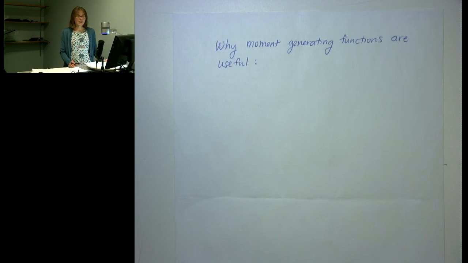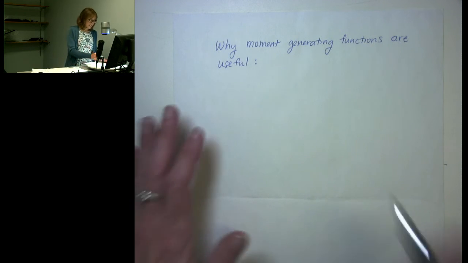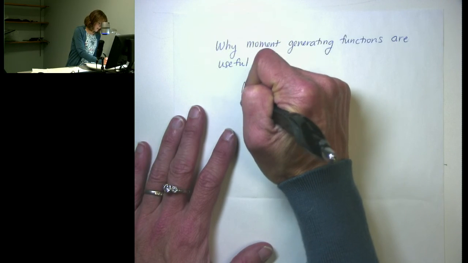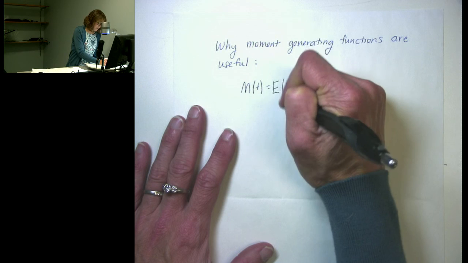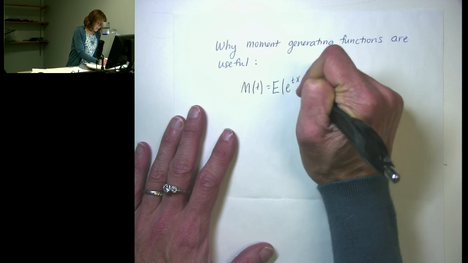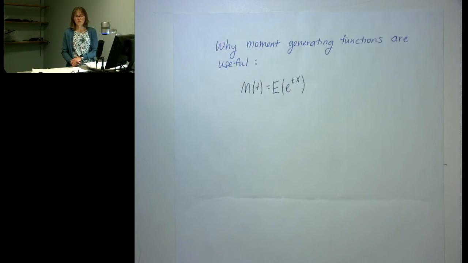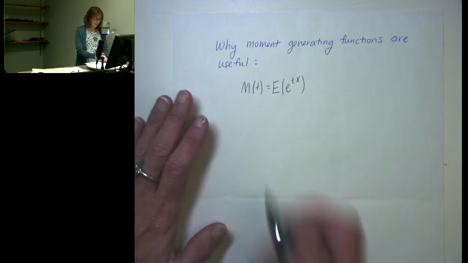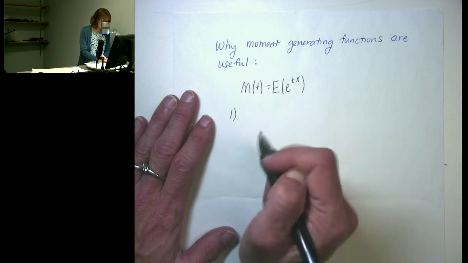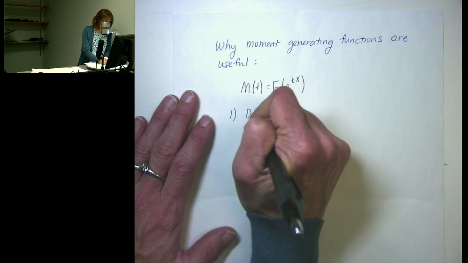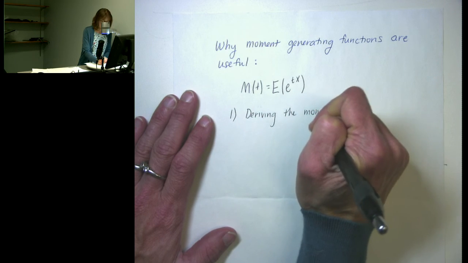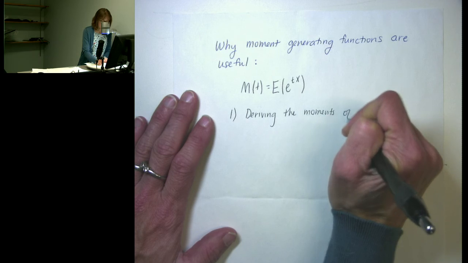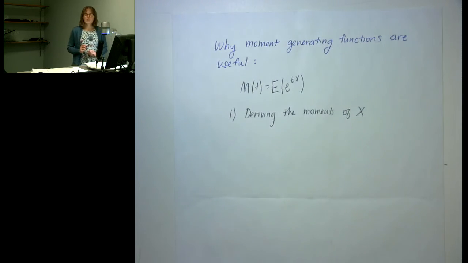Okay, so just to summarize, moment generating functions are functions of t. They're the expected value of e to the tx, where x is the random variable in which we're interested. One of the ways that they're useful is for deriving the moments of the random variable x.